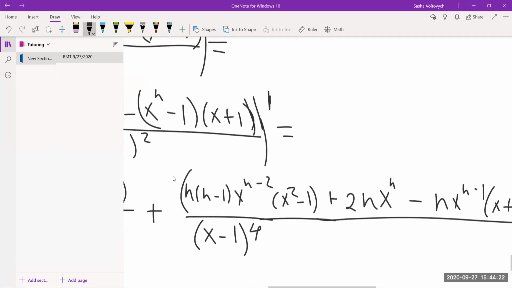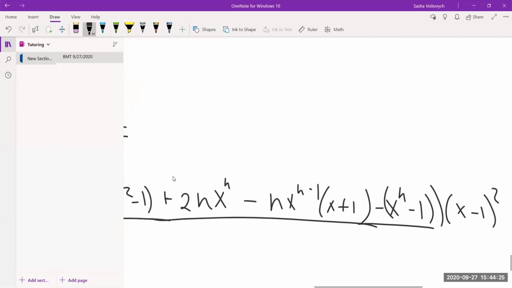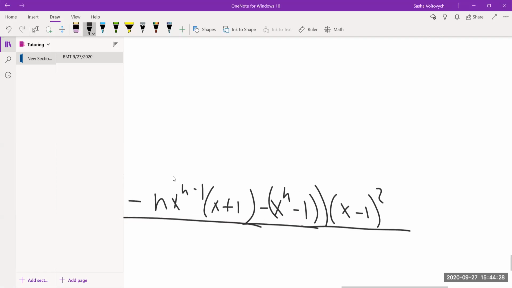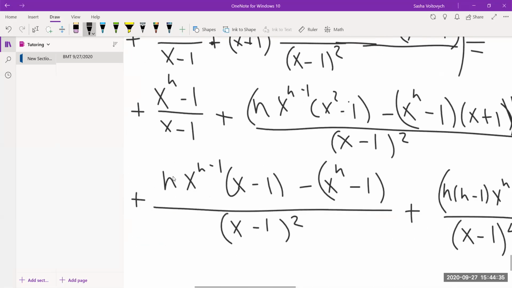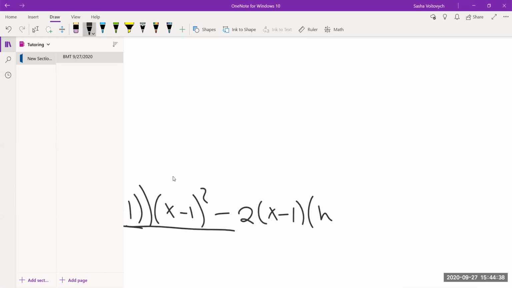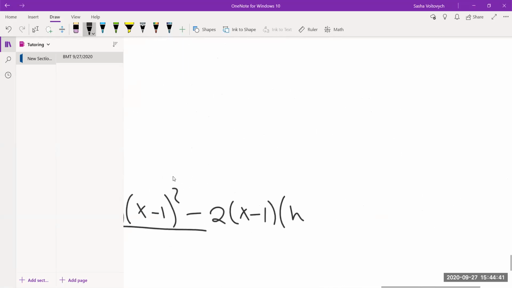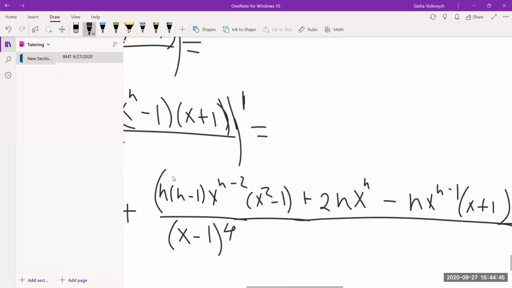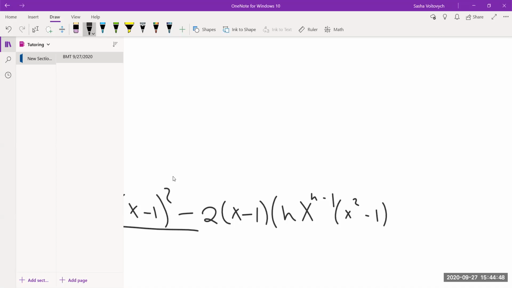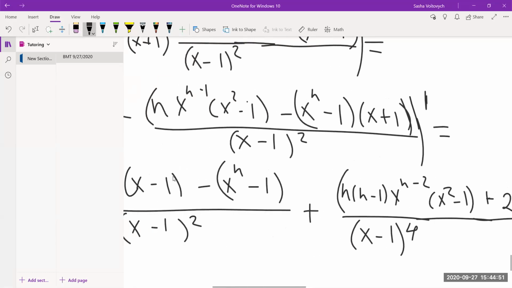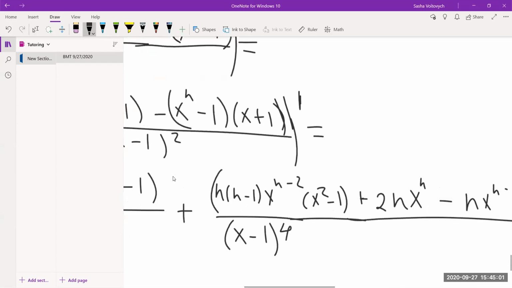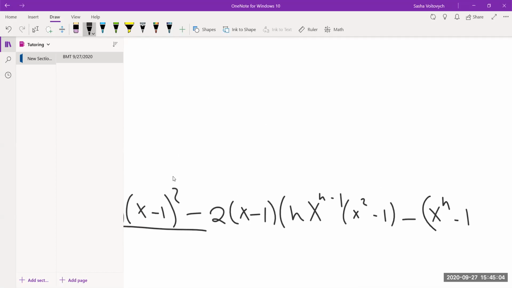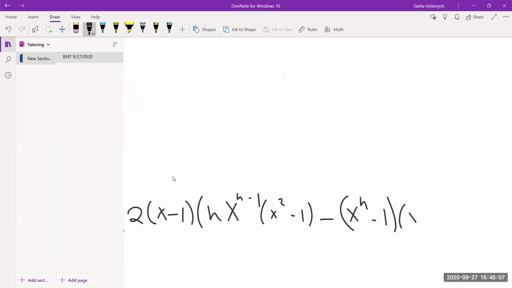The second term will be minus 2 times (x - 1) and just multiply by the numerator, x to the power of n minus 1 times (x squared minus 1), minus x to the power of n minus 1 times (x + 1).